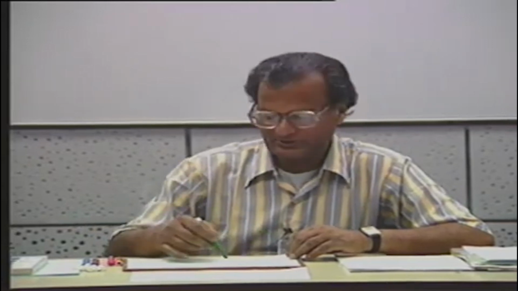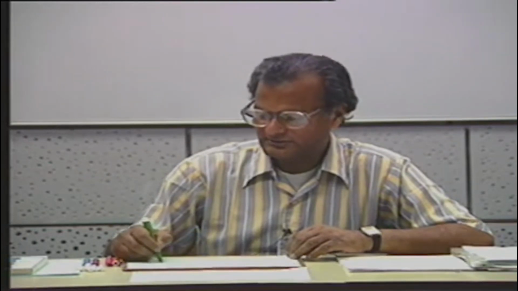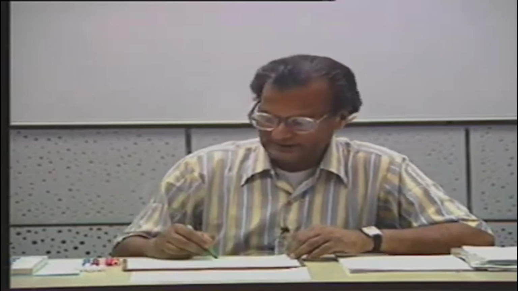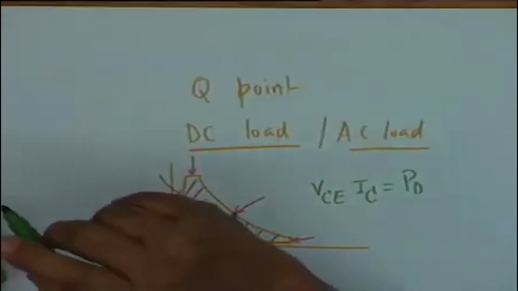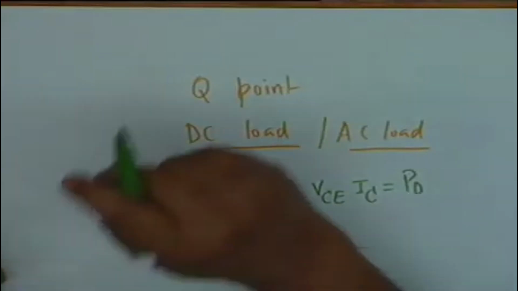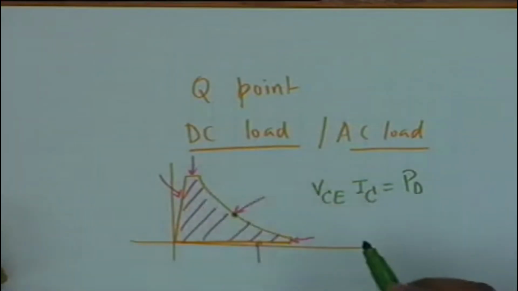Q point must be on the P sub D line, that is the line on which VCE times I sub C equals a constant P sub D. Here also, wherever you choose the Q point, the load line should then be tangential to this hyperbola.